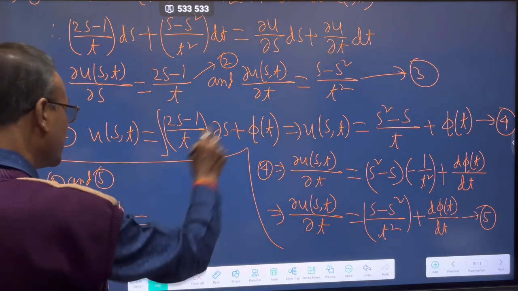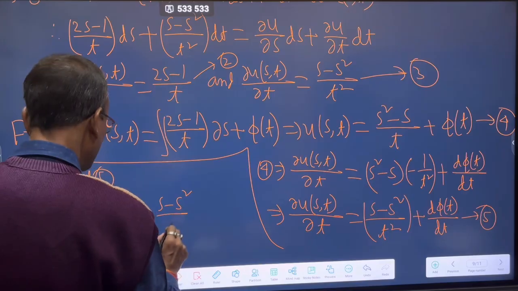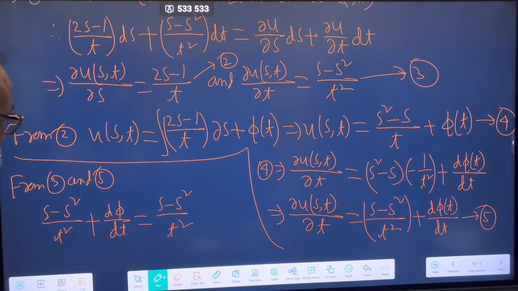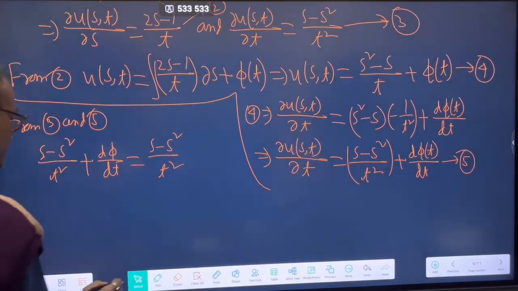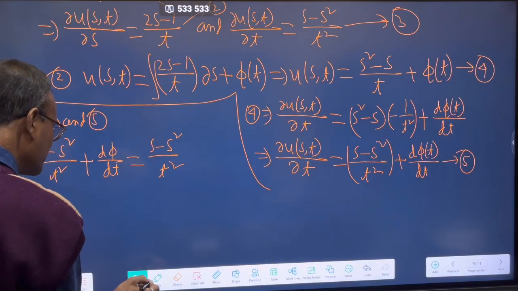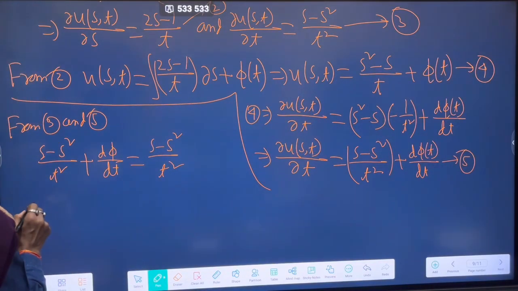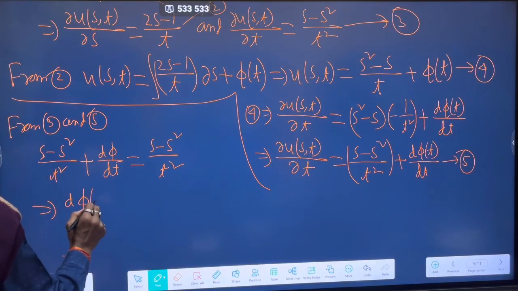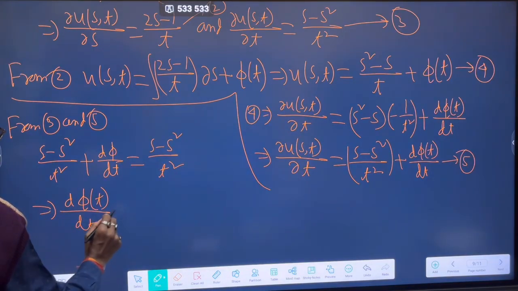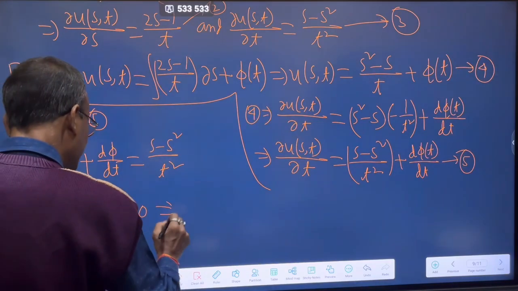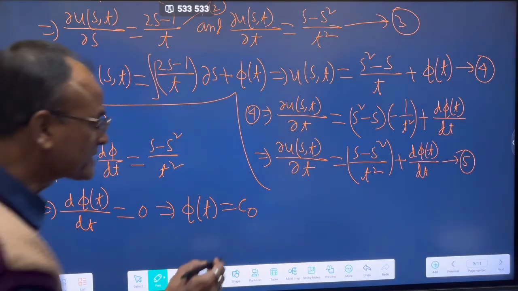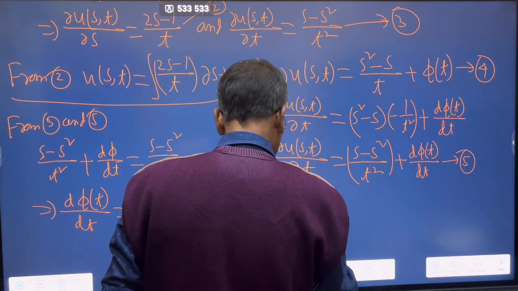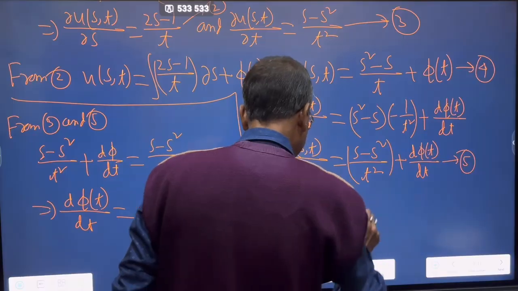This is equal to s minus s square by t square. This means d phi by dt equal to 0. This means phi of t equal to constant, c naught is constant.